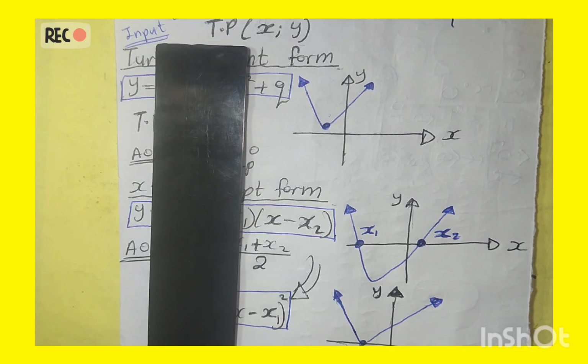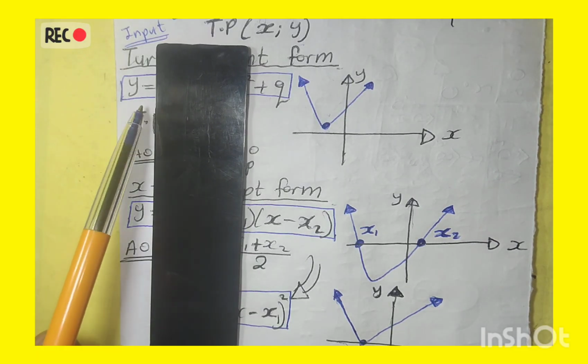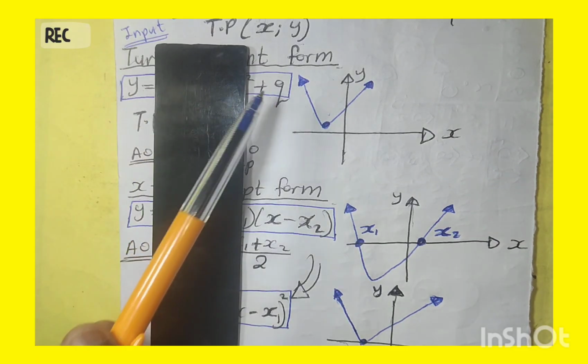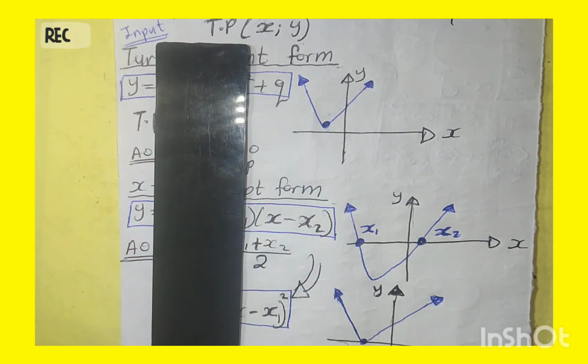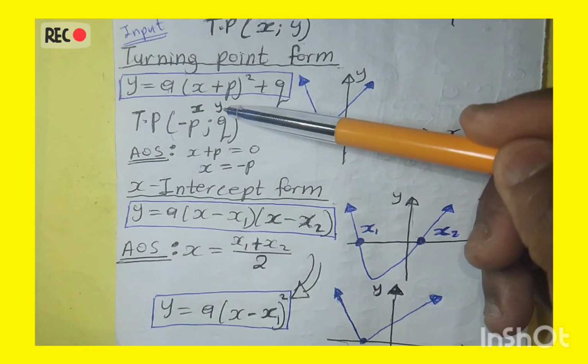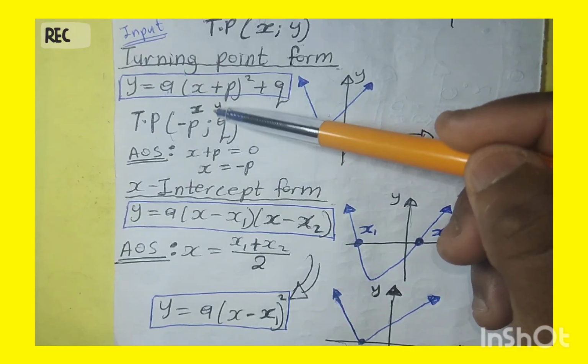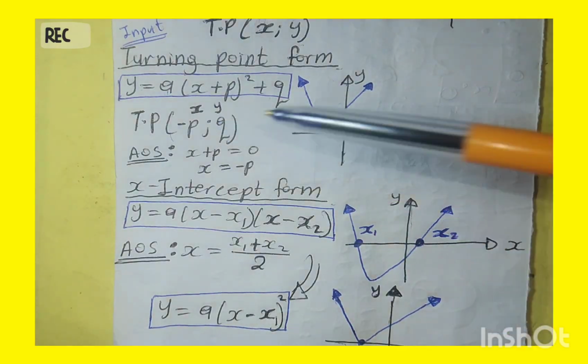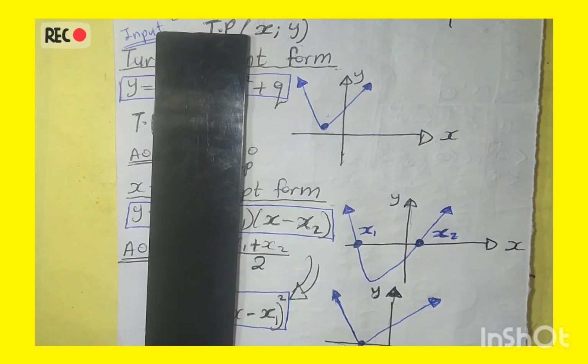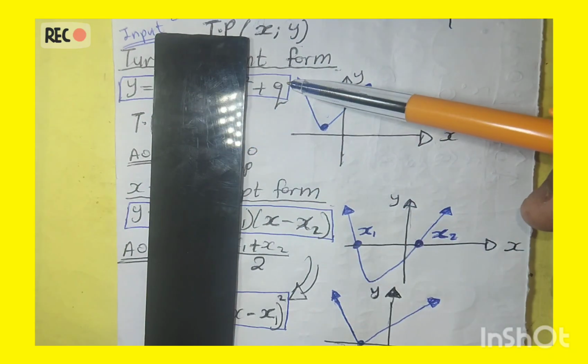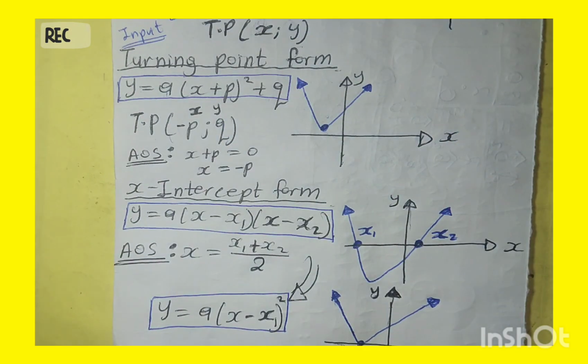Do you see the part that I just hide? It means that y is equal to q. That tells me that the y value of the turning point will be q. If I hide all this part, the y value will be equal to q for the turning point.